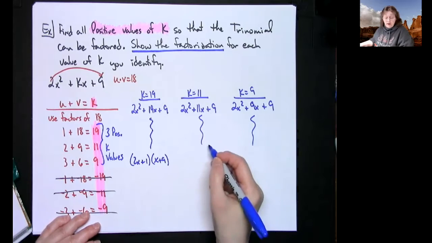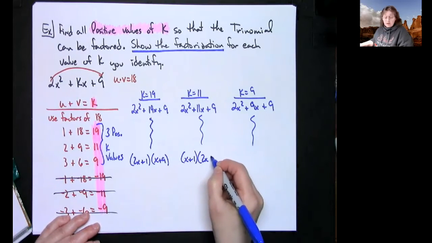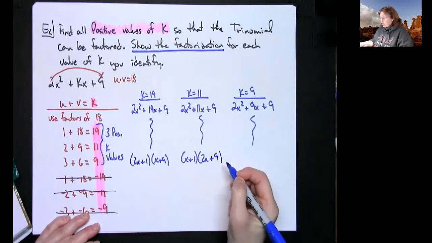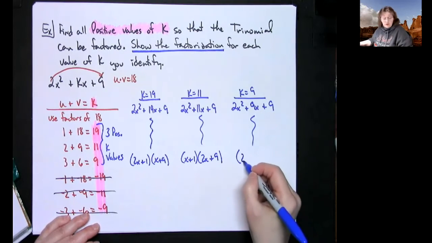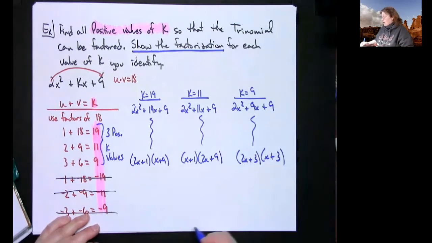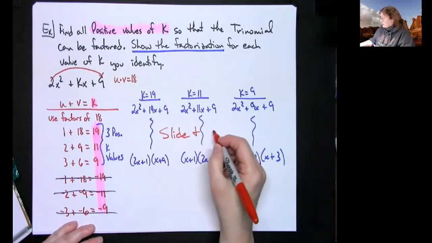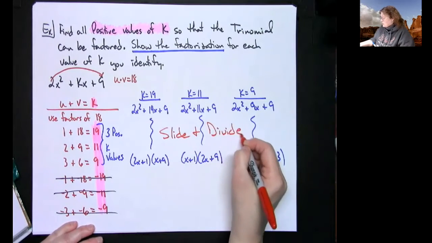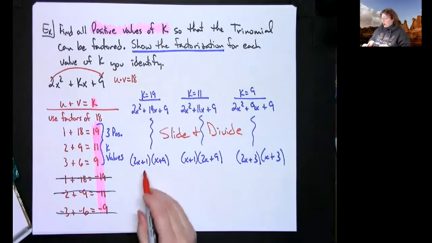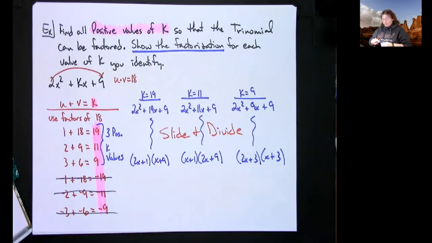This one factors into an x plus a 1 and a 2x plus a 9. This one factors into a 2x plus a 3 and an x plus a 3. So you would slide and divide each of those, and then you would have your 3 factored forms, assuming I didn't make any mistakes.